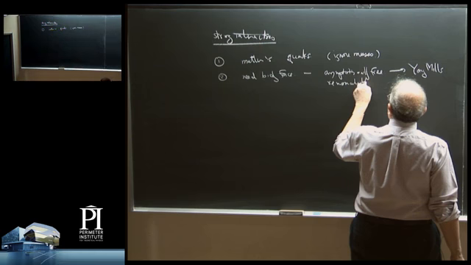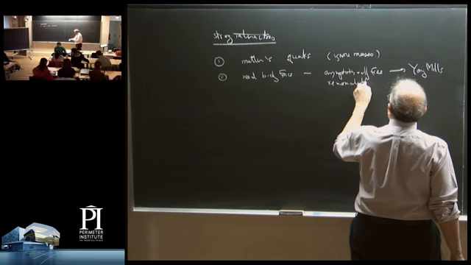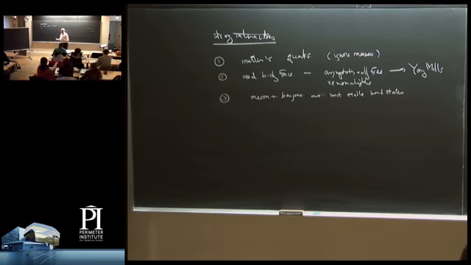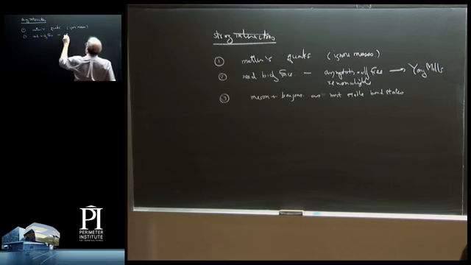I can put masses in for the quarks, but we'll do that later. The second thing is that I need some kind of extra particle that's going to bind the quarks together. So I need some kind of binding force. And that force has to be asymptotically free. And that means that it has to be a Yang-Mills theory.